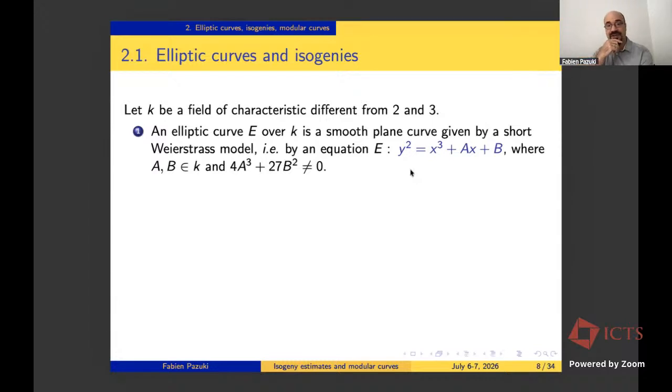This is an affine curve. Of course, an elliptic curve actually is a projective curve, so you can projectivize this. There is one extra point that you do not see in the affine coordinates, which is one point at infinity. So the completed curve has one extra point.